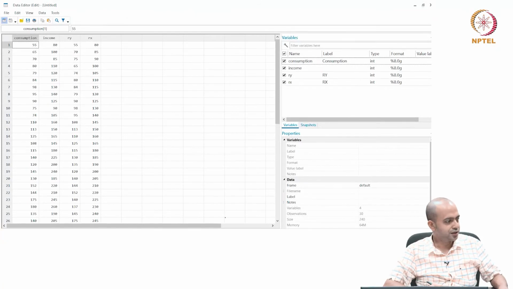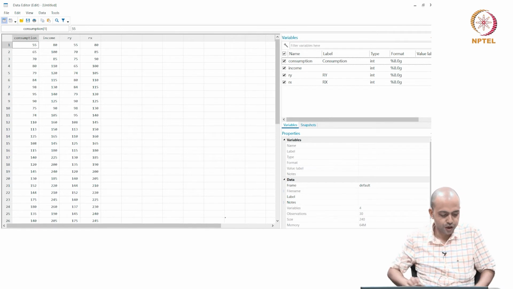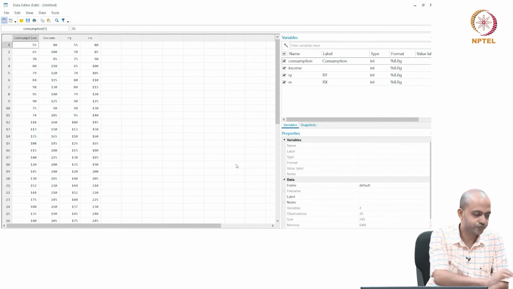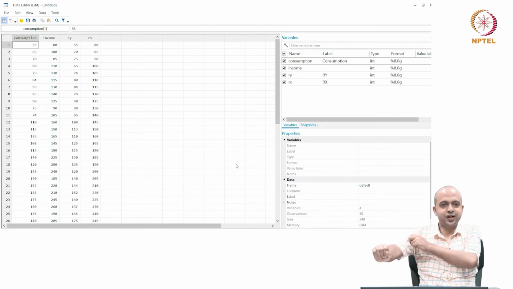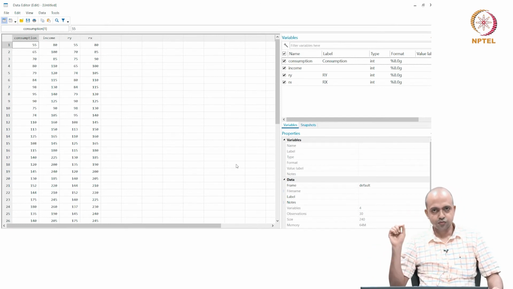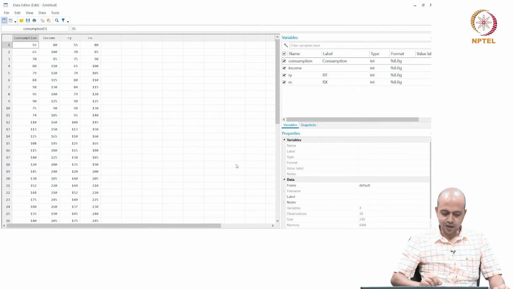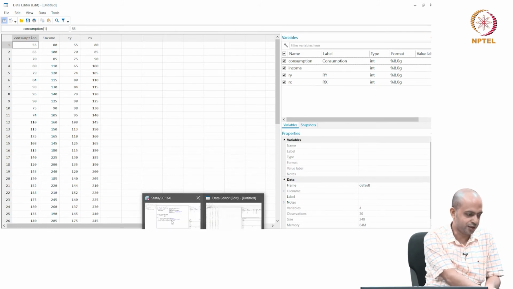If you look at, we have data on income and consumption. How many observations do we have? We have a total of 30 observations. And if n equals 30, then you can understand we will first estimate the model and get some initial impression using the graphical measure, right, using the graphical measure.